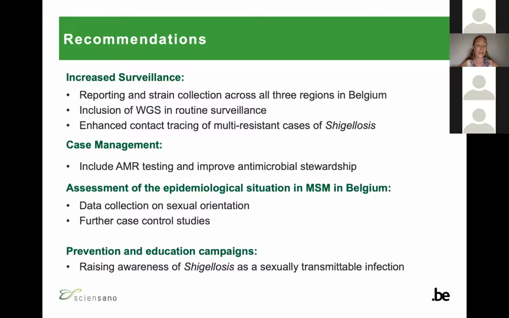In terms of case management, we think it is very important to include antimicrobial resistance testing and further improve antimicrobial stewardship. Furthermore, we need to assess the epidemiological situation in MSM in Belgium further through data collection on sexual orientation and through further case control studies.